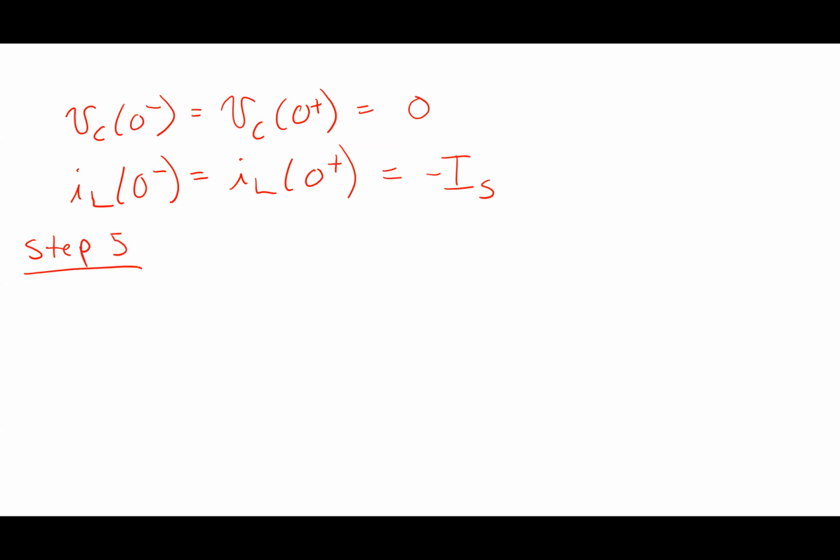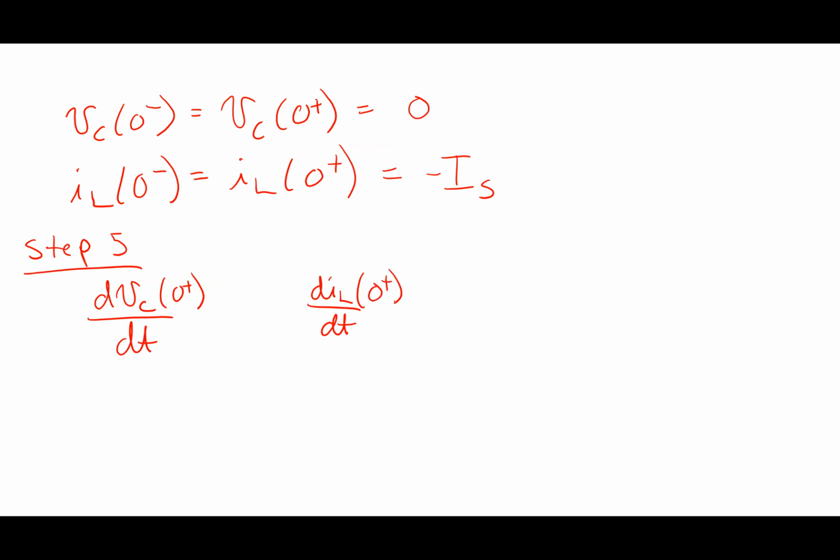Basically, the laws of nature, right? The laws of thermodynamics made it that those statements always have to be true. Now, to solve a differential equation, I always have to get a derivative result. So in other words, I need to get dVc/dt of 0 plus, and I need to get dIL/dt of 0 plus.